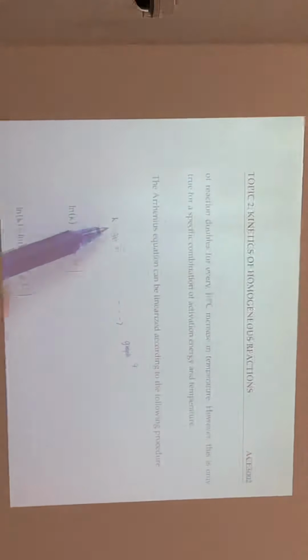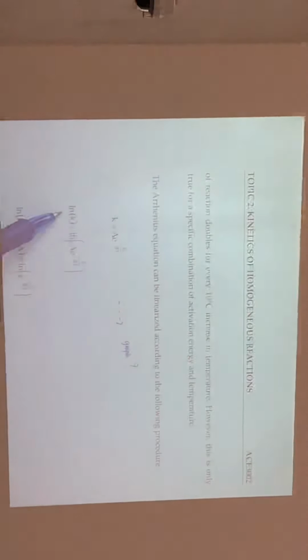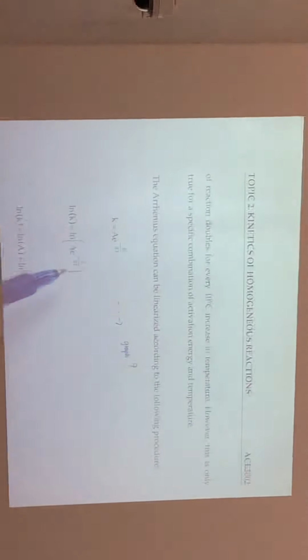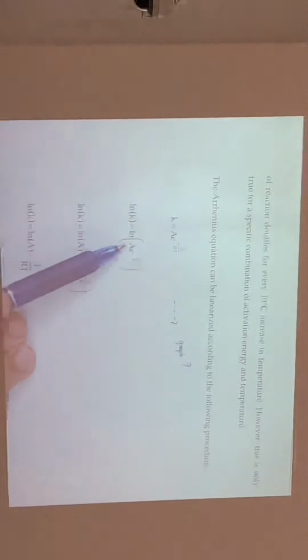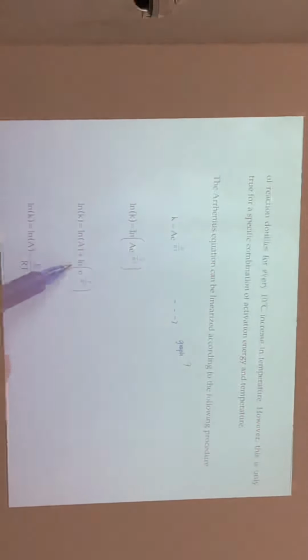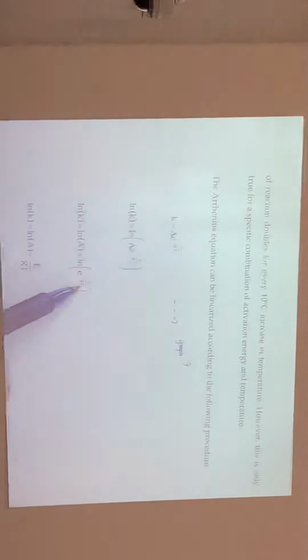Based on this formula, we can take ln of both sides. So the first one will be ln k, and ln of all this together. After that we rearrange. ln k is the same as ln A plus ln e to the power of minus Ea over RT.